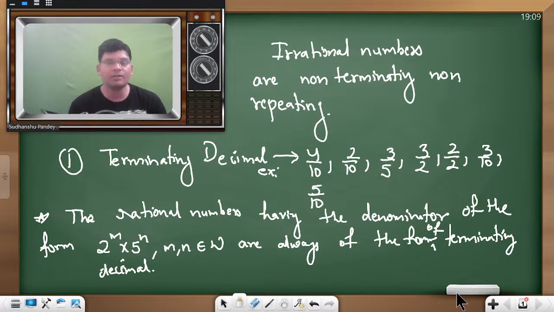The rational numbers having the denominator of the form 2 to the power m into 5 to the power n, where m and n belong to whole numbers, are always of the form of terminating decimal. लिख लिया सभी ने? दिया बेटा? लिख लिया आपने? सानवी? Writing. ओके.